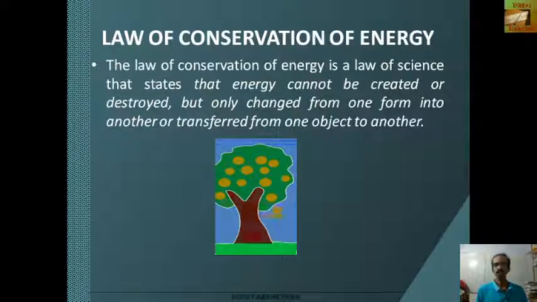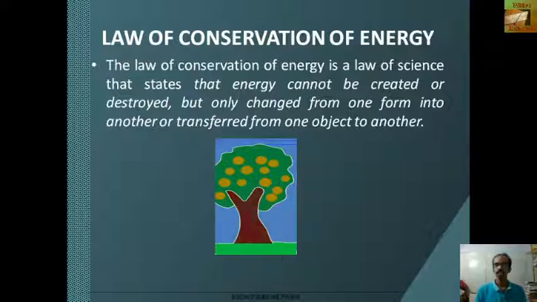We can see the case of the falling mango from the mango tree due to gravity. When the mango is fixed to the tree, it has got potential energy and zero kinetic energy. Since it is not moving, it does not possess any velocity. But when it starts falling, its velocity increases and hence its kinetic energy increases.